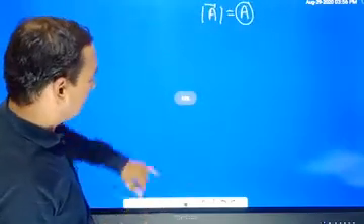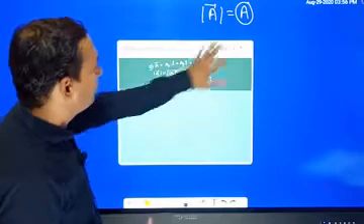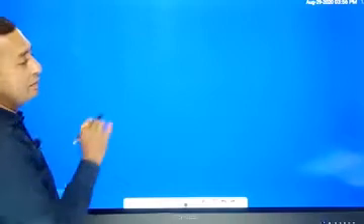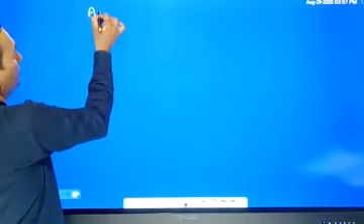Now some important points about vectors. If we take a vector, that vector is AB vector.